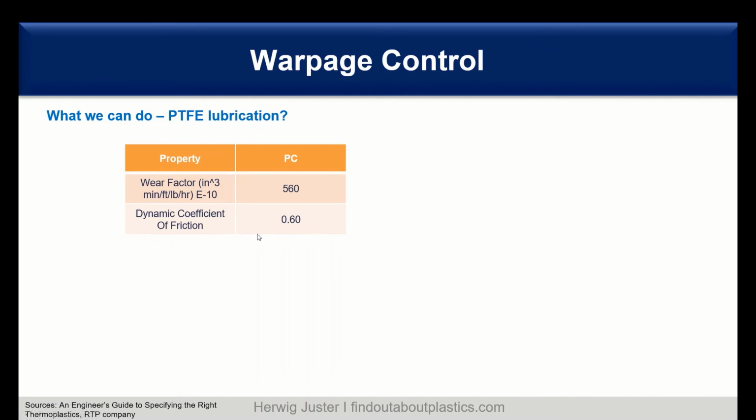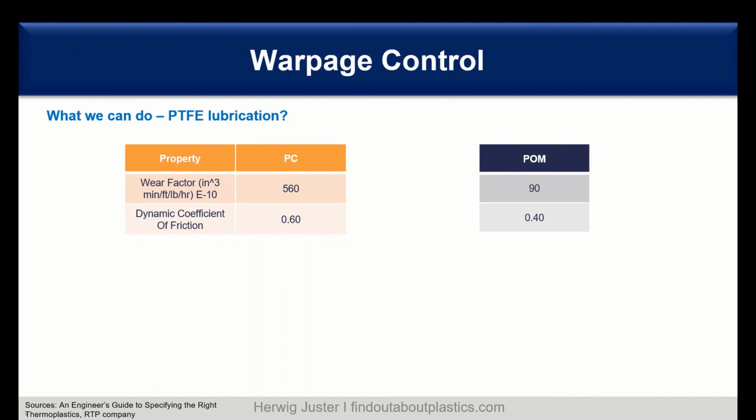Once again, I've selected polycarbonate. We have here the wear factor and the dynamic coefficient of friction shown. You can see here 0.6 and 560. Compared to that, acetal, so POM, has a really good wear factor, just 90 compared to 560, and the coefficient of friction is also lower. So POM is a really good material for gear applications, for example.